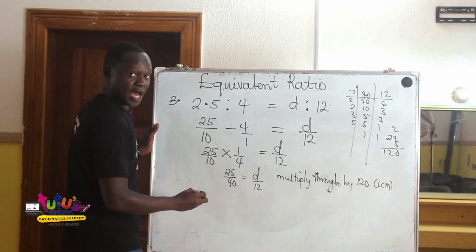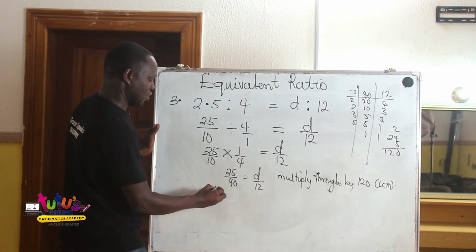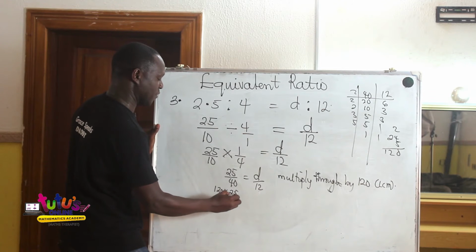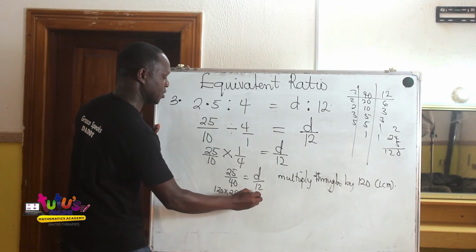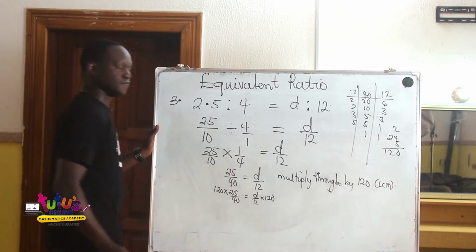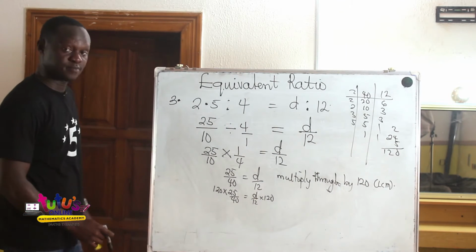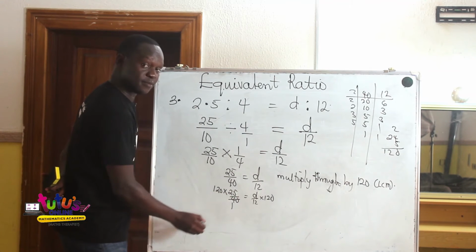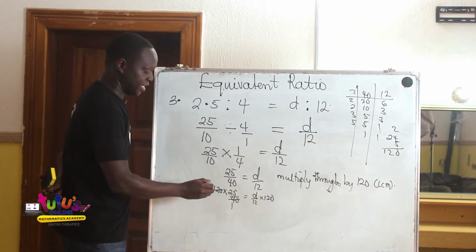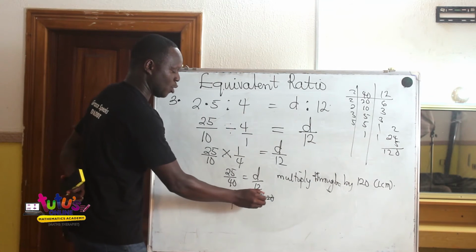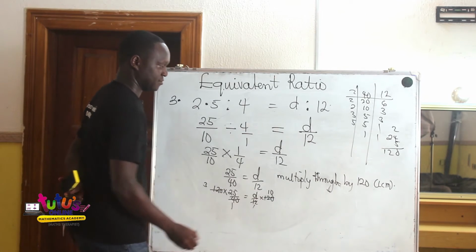So from here, how do we go about this? 120 by 25 over 40 equal to D over 12 times 120. 40 here, 1. 40 goes into 120 three times. 12 here, 1. 12 goes into 120 ten times.